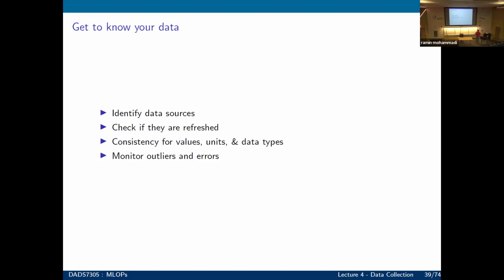Check if they are refreshed. You might find data for a task, but it's from 20 years ago, never refreshed, never any updates. If you don't know the owner, probably don't use it. It's kind of like random data. So be sure that wherever you find this data, like on UCI, they have a data card that says the last time the company updated this data was a year ago, 2 years ago.